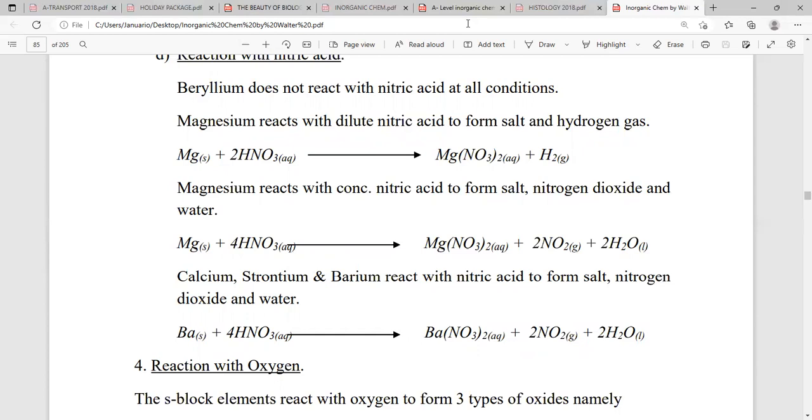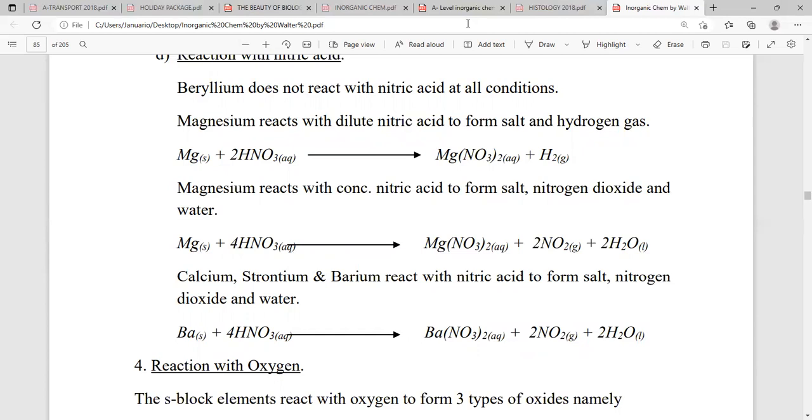The only difference is that with nitric acid, we get magnesium nitrate, nitrogen dioxide gas, and water, whereas on the other side we are producing magnesium sulfate, sulfur dioxide gas, and water.